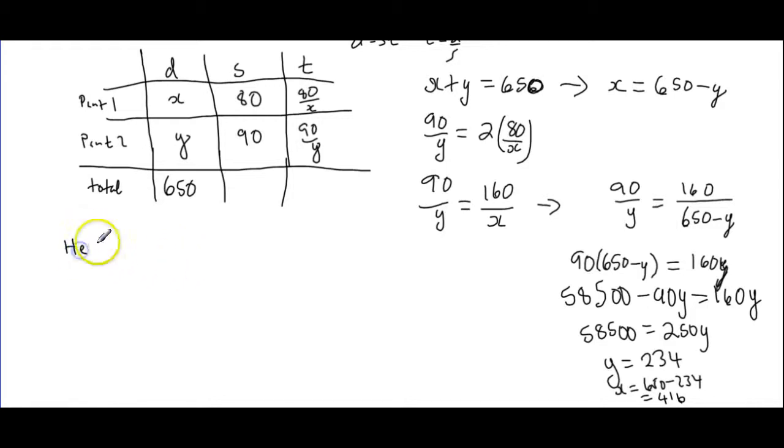So he traveled. So what was this time? It was 80 divided by 416, which is 80 divided by 416.